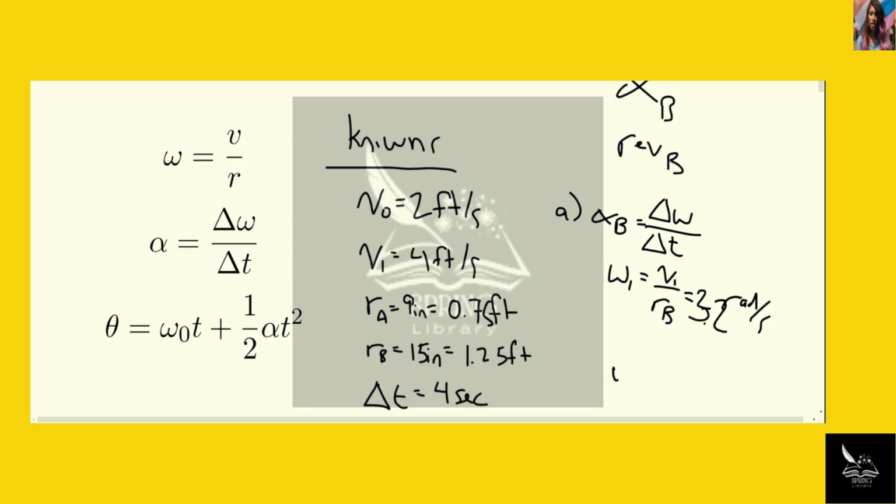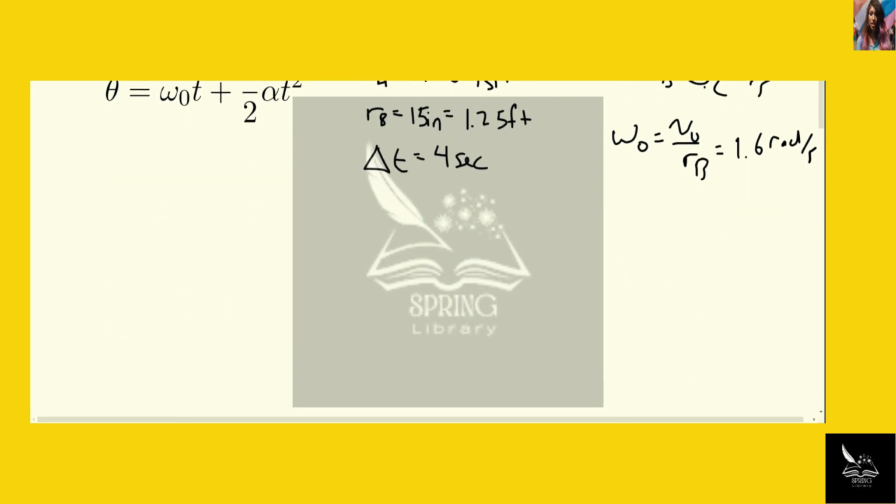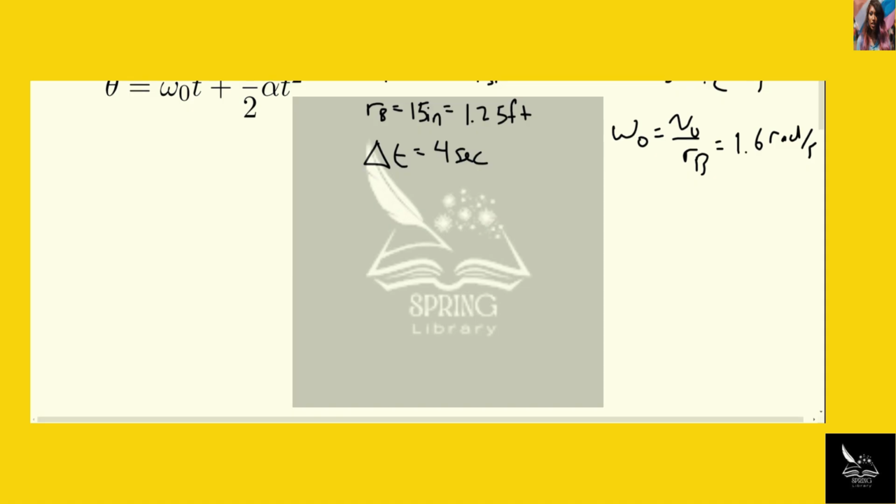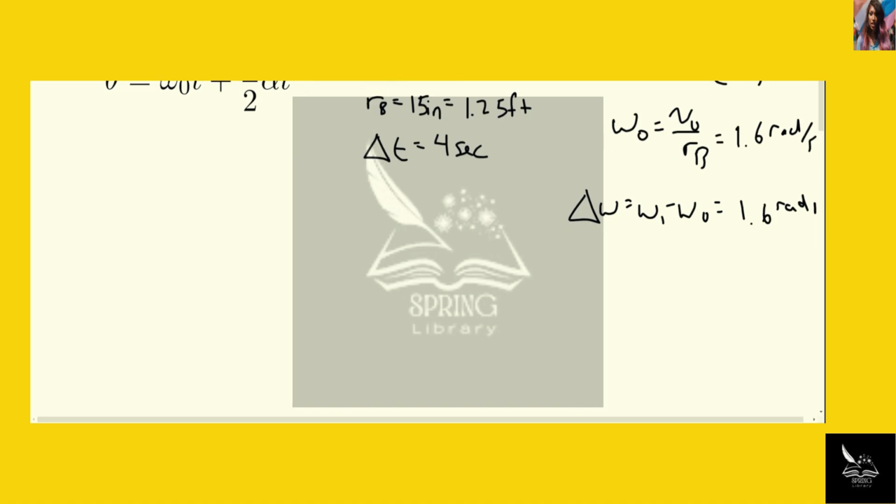And we can do the same thing with W0, V0 over RB. In this case, 2 over 1.25 is 1.6 radians per second. And from here, we can find that delta W is W1 minus W0. 3.2 minus 1.6, that's 1.6 radians per second.